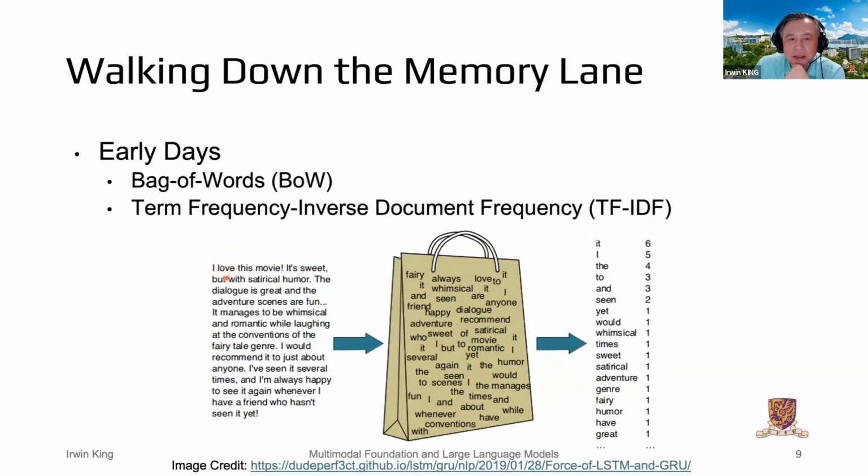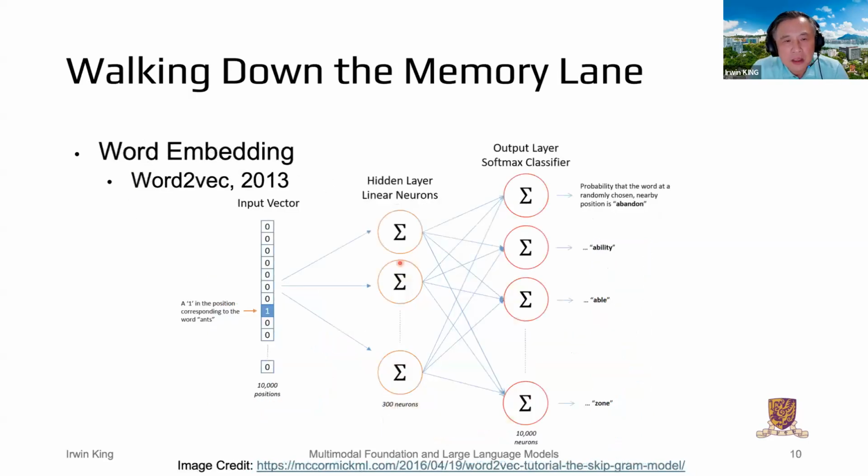I love this movie. These are two words called a bigram. This bigram could actually predict the probability of the next word occurrence. And this was useful, okay? This was also the basis of the language models that we are using currently.